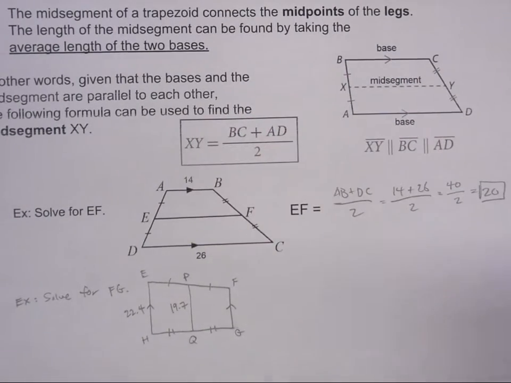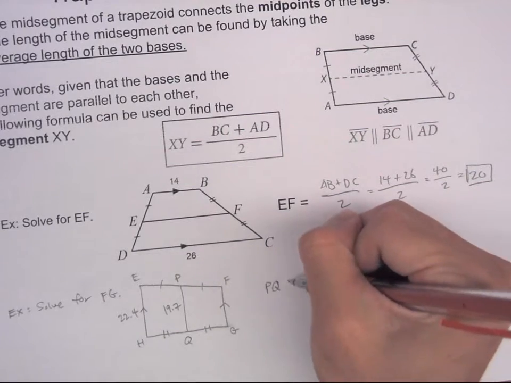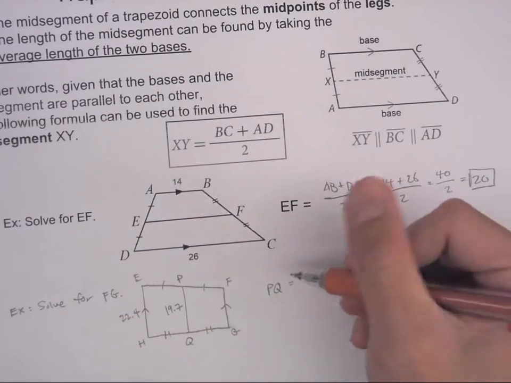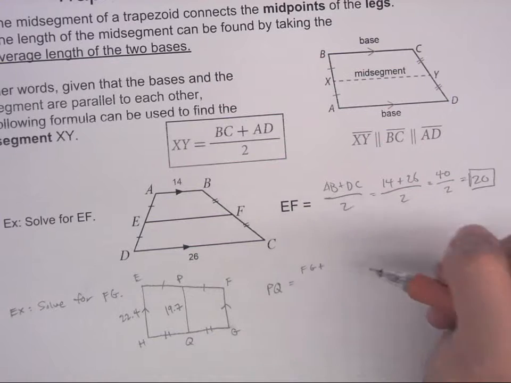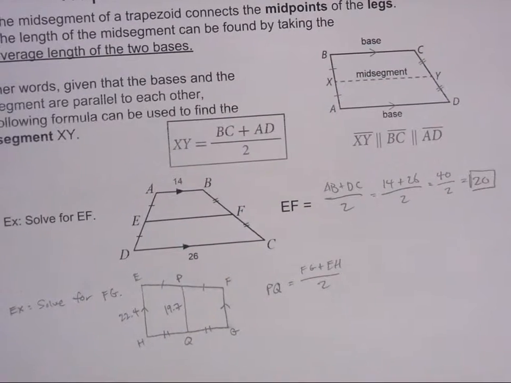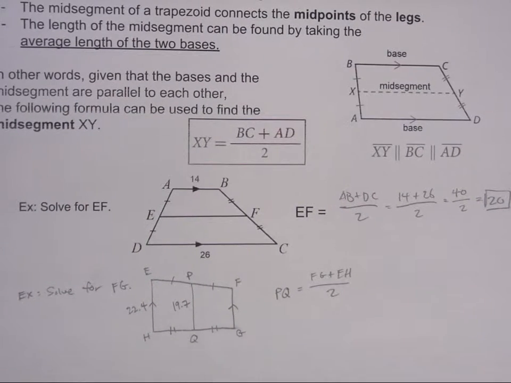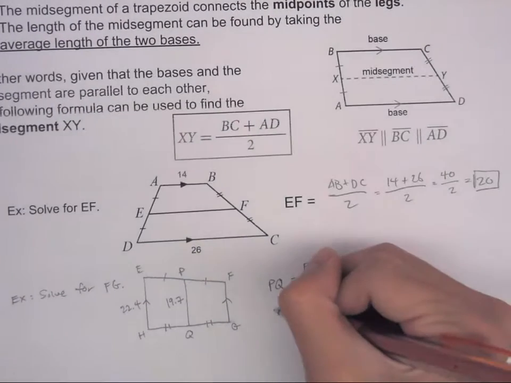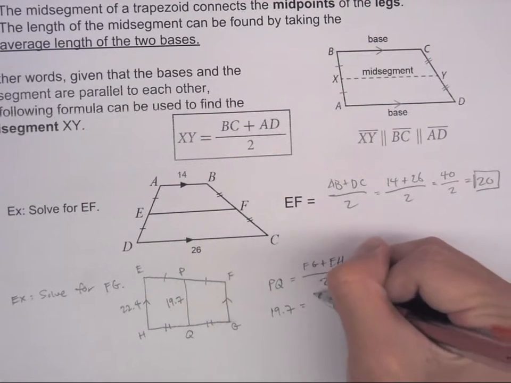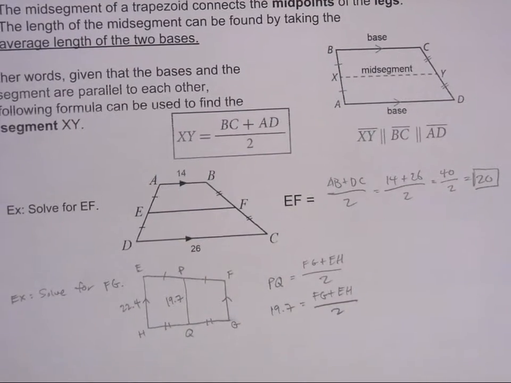PQ now is our mid-segment. So PQ is equal to FG plus EH over 2. What we know is PQ is 19.7. So 19.7 equals FG plus EH over 2.